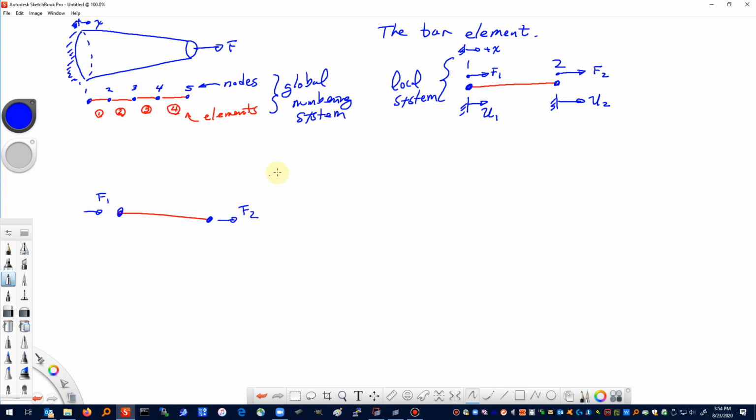If I want to keep this in equilibrium, we'd have the summation of forces down the axis equal to 0. I'd have a plus F1 and a plus F2 equal to 0. And so really the force F2 in this particular case is equal and opposite. It's the negative of the force F1.